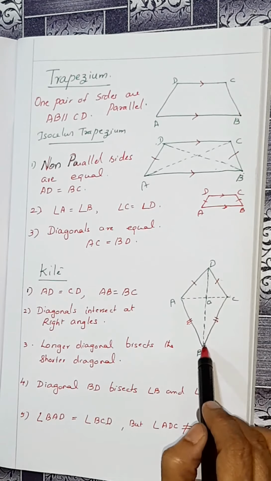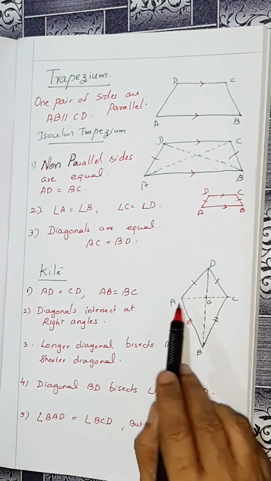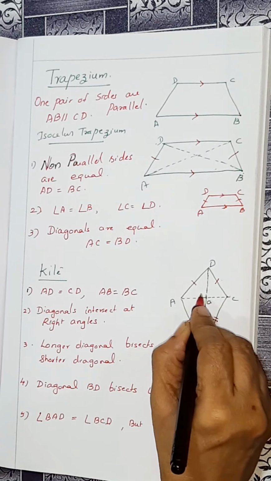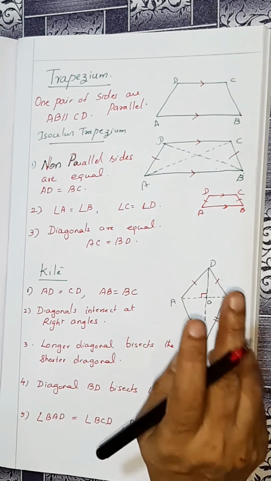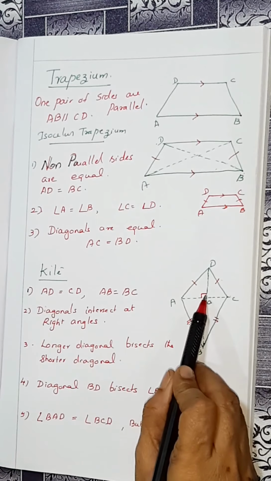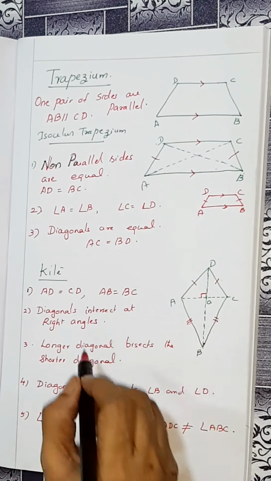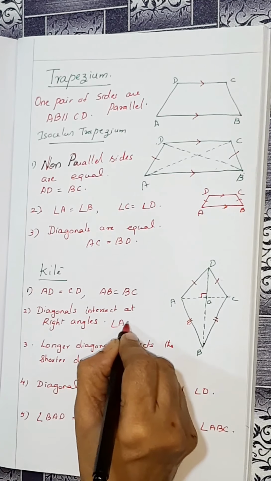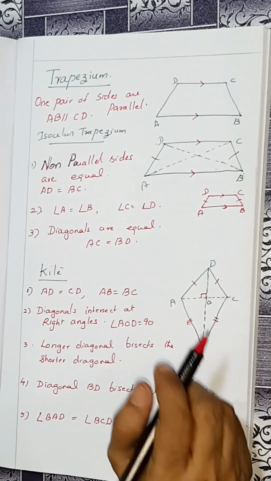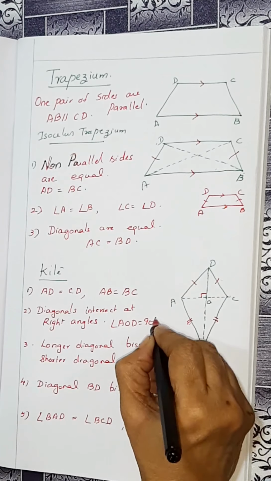Now if you see the figure, the diagonals are not equal, and they do not bisect each other either. But they intersect at right angles. That is one property, that is angle AOD is equal to 90 degrees. Automatically all the other 4 angles are also going to be 90 degrees.